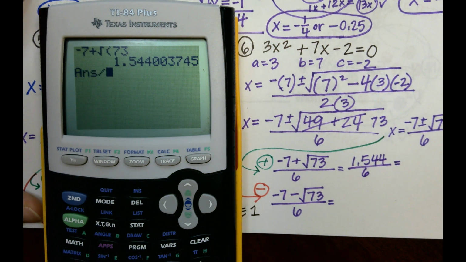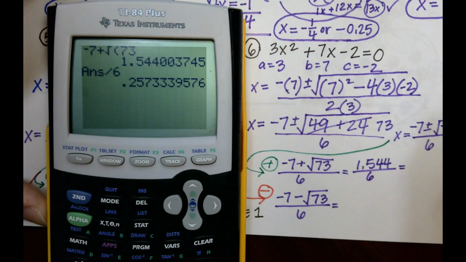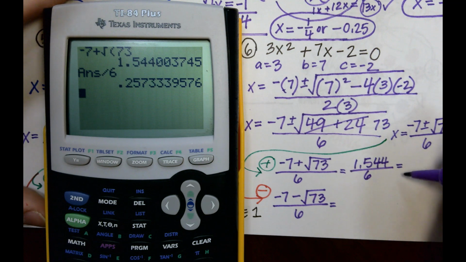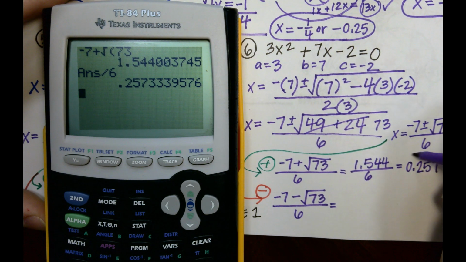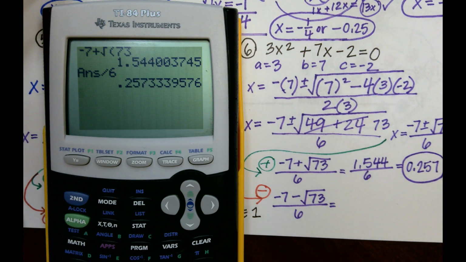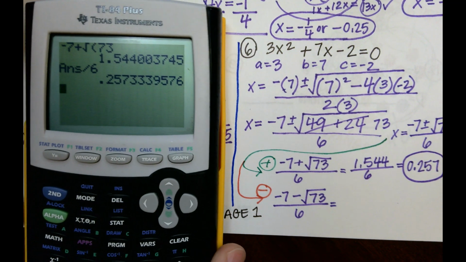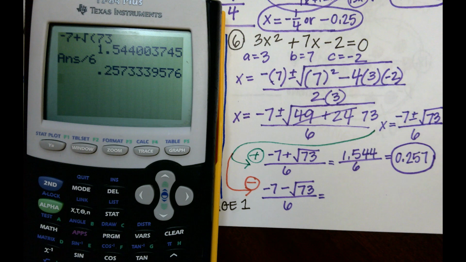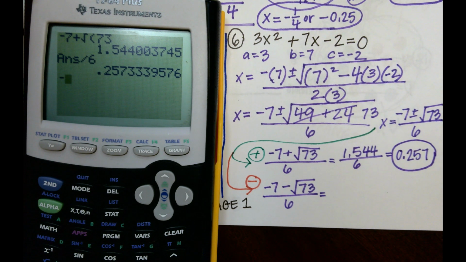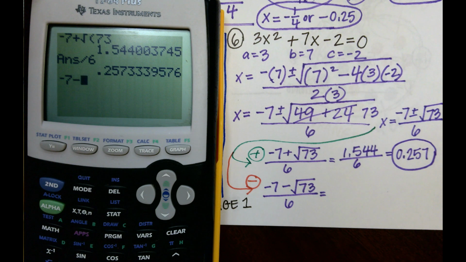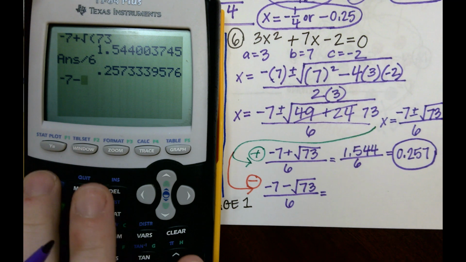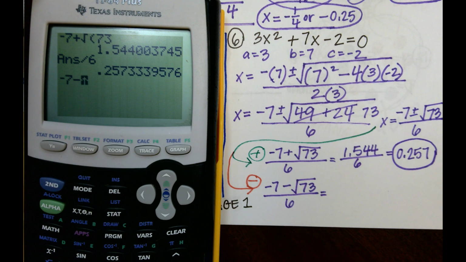I got 0.257. That is our first x value. And let's get the second one. -7 minus the square root of 73, divided by 6: -1.54.